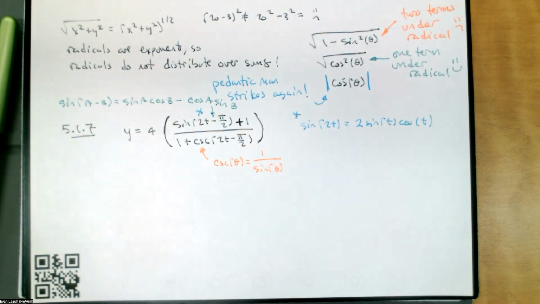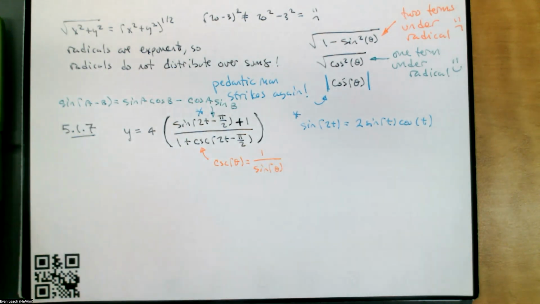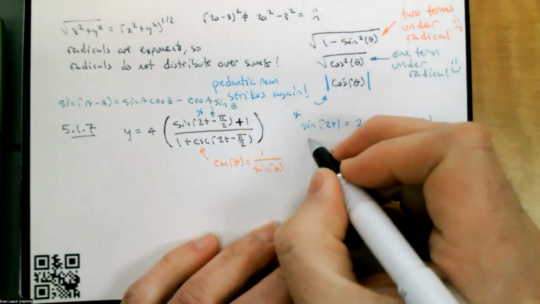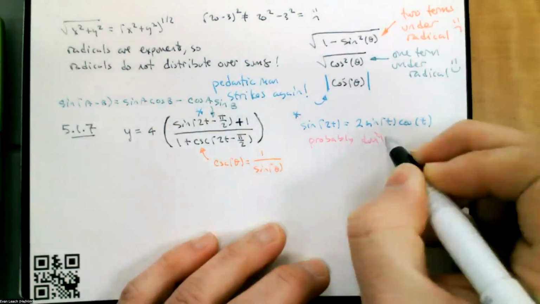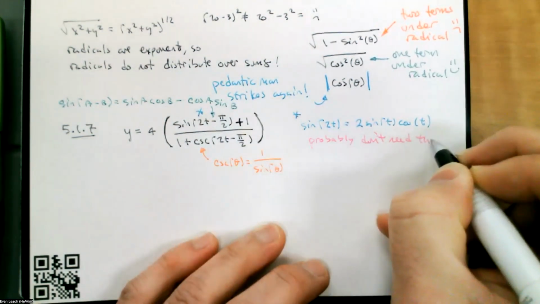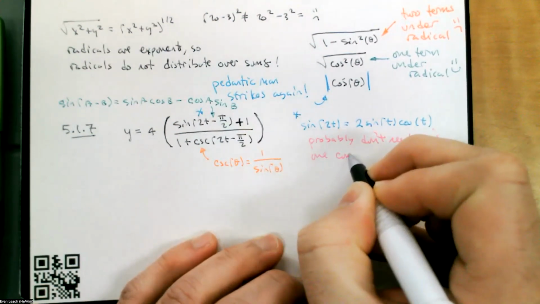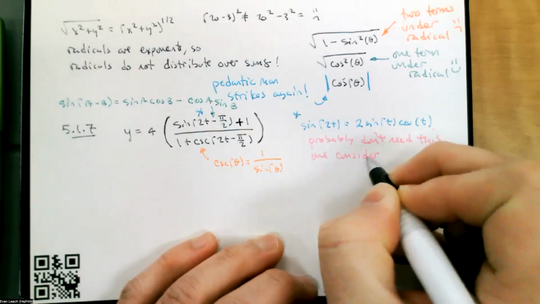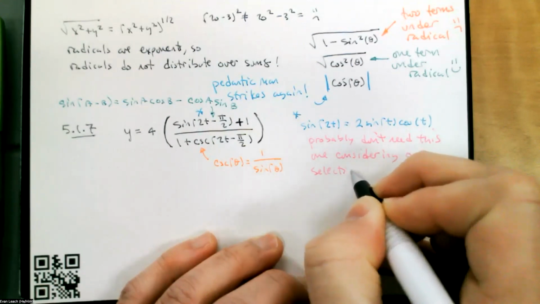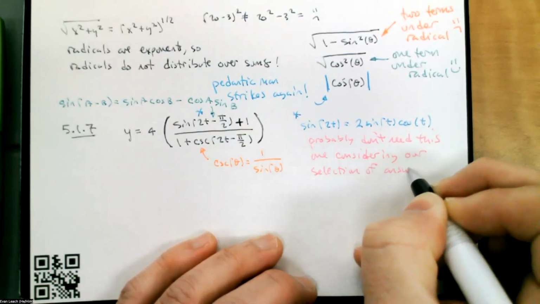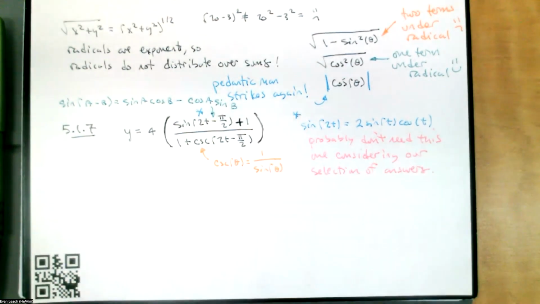But since all the answers have a 2t, we're in terms of 2t, probably not going to need this one because of the form of the answers. So we're probably not going to need the double angle identity considering our selection of answers.